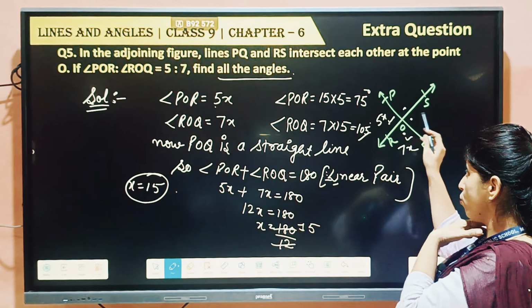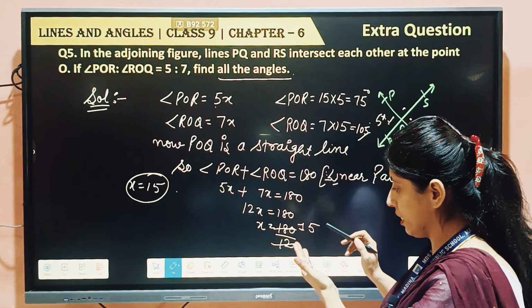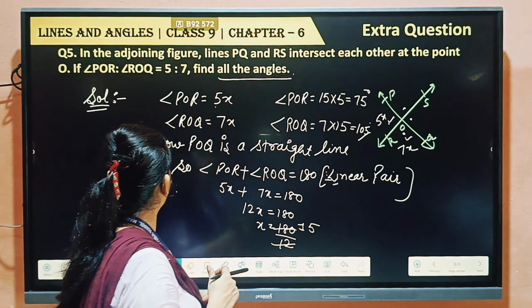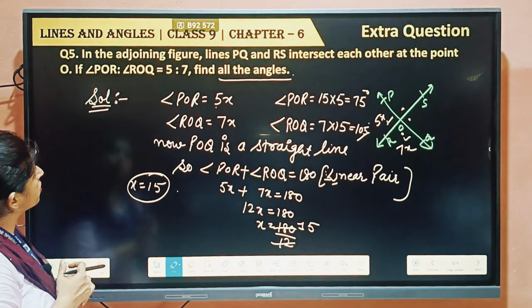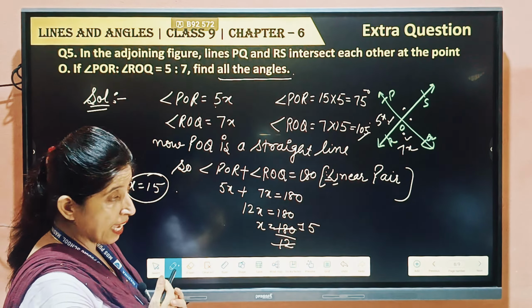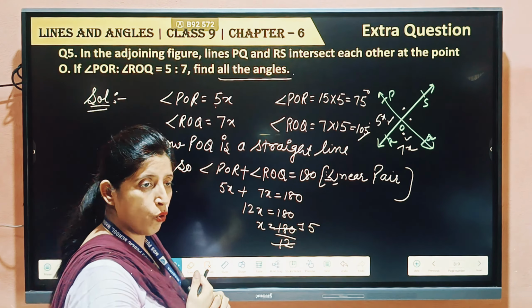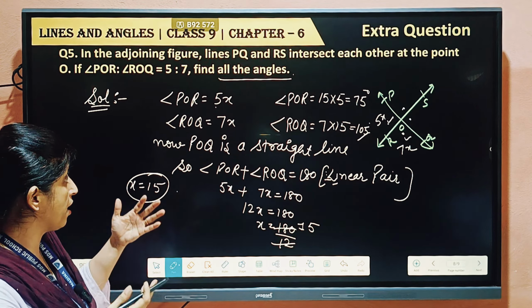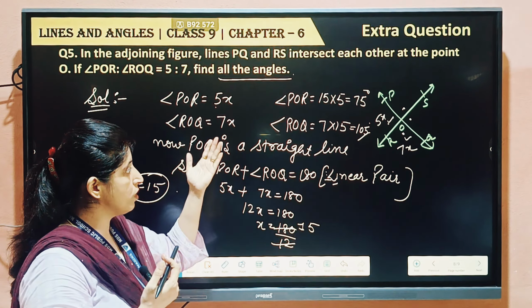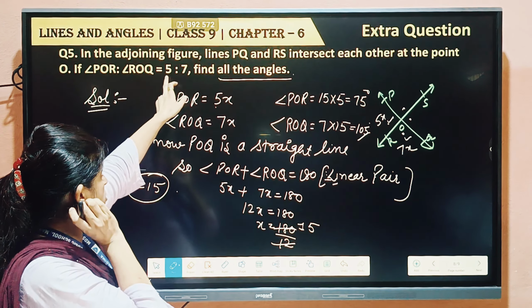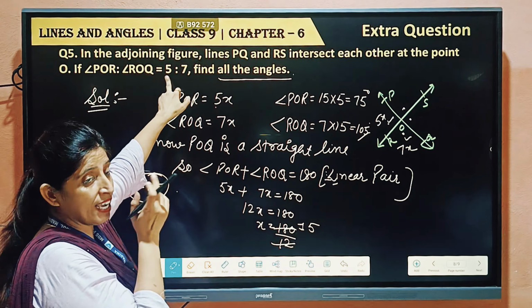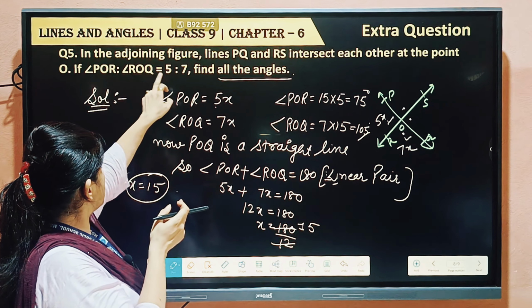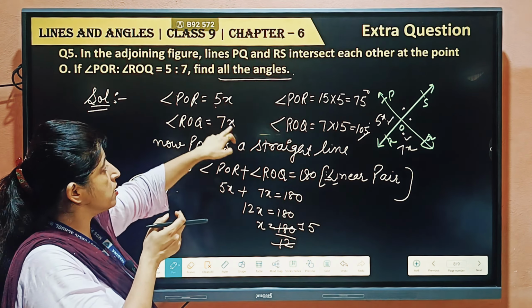Again, two lines PQ and RS intersect each other at point O. The ratio of POR and ROQ is given, and we have to find all the angles. If a ratio is given, we take a variable with that number, like 5:7 is given, so we take 5x. So angle POR is 5x and angle ROQ is 7x.